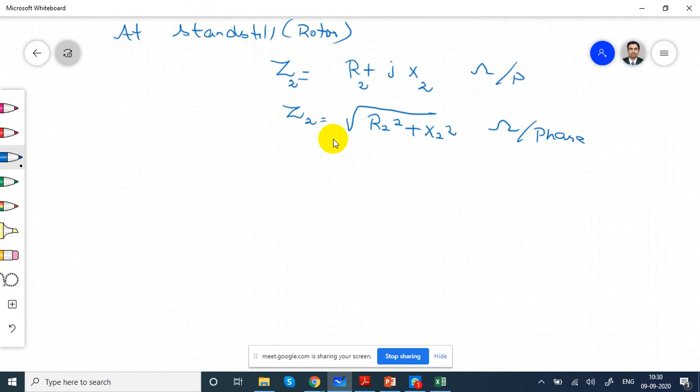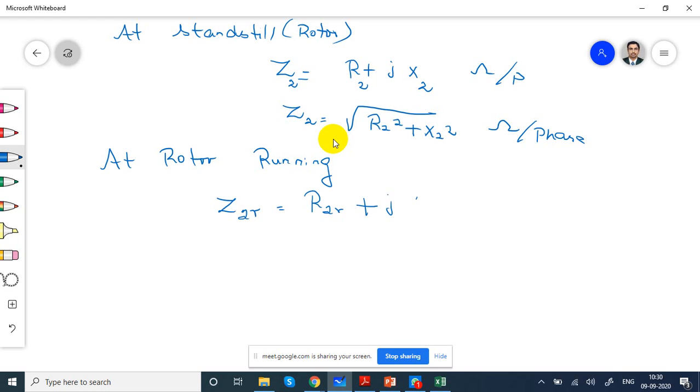Next, at rotor running, Z2R equal to R2R plus jX2R.